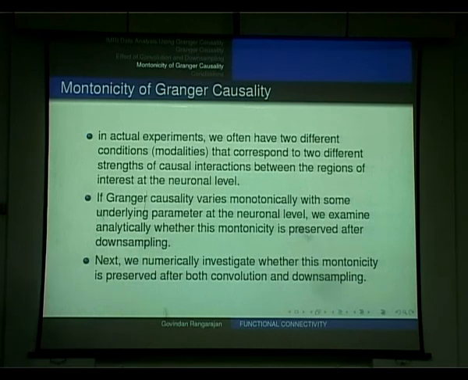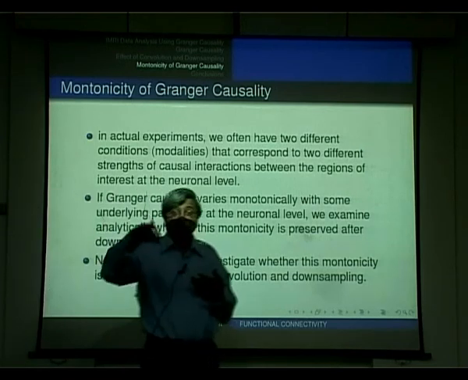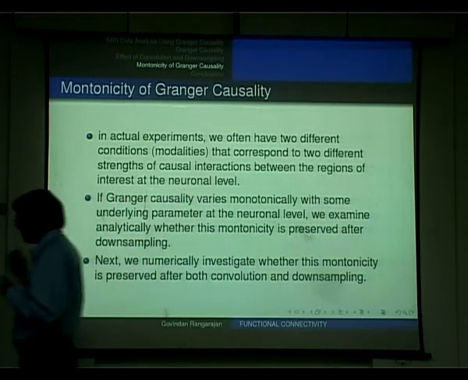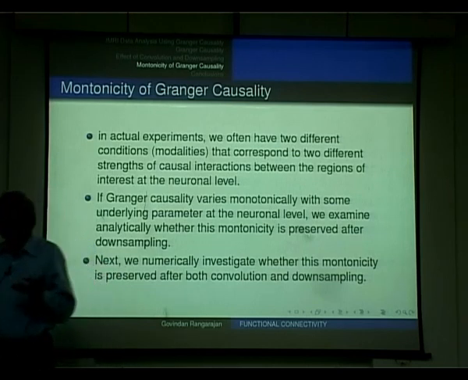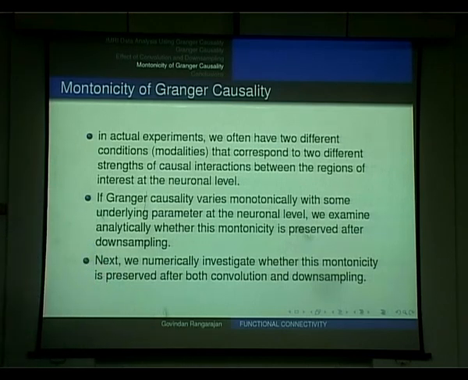And there the situation, as we shall see, is much better, because suppose you have some underlying system parameter which is varying. Here I've taken the case for simplicity of monotonic variation, from condition A to condition B.